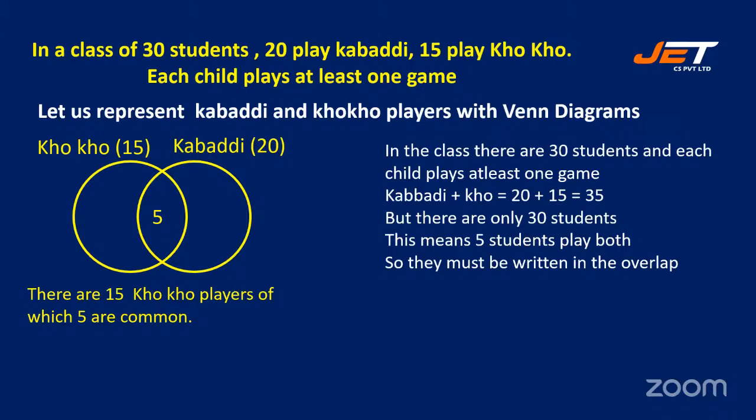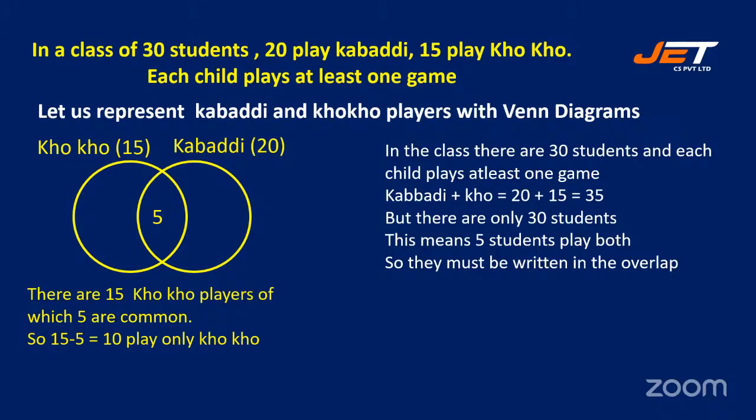So now there are 15 kho players, of which 5 are common. So how many play only kho? It is 15 minus 5, because the 5 students represent those who play both kho and kabaddi. If you take out 5 from kho, you will get 10.